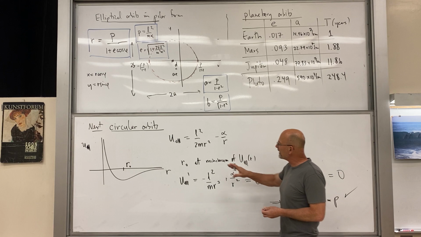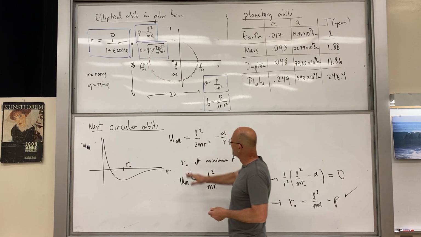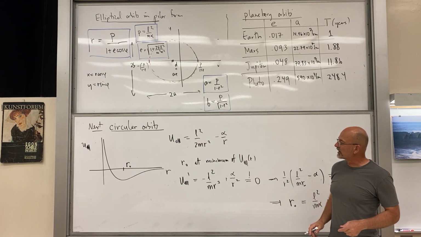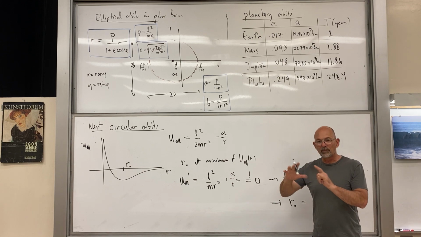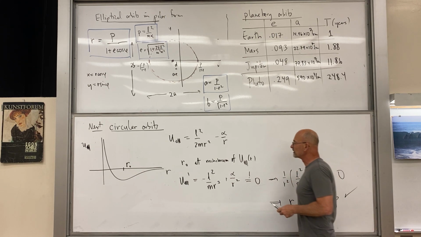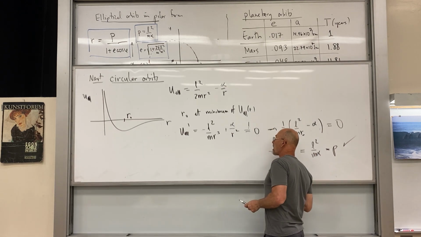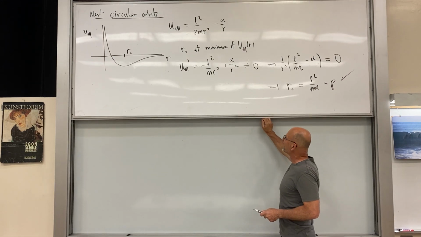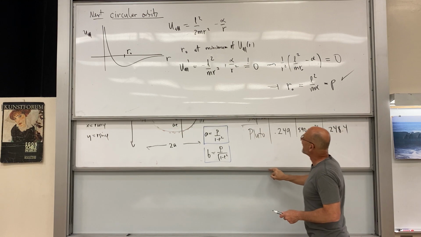Now what else about the circular orbit? Well, the circular orbit being just a perfect circular motion, we should be able to talk about centripetal acceleration. And that should come out analytically as well.